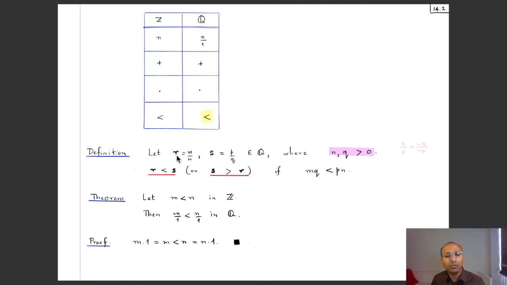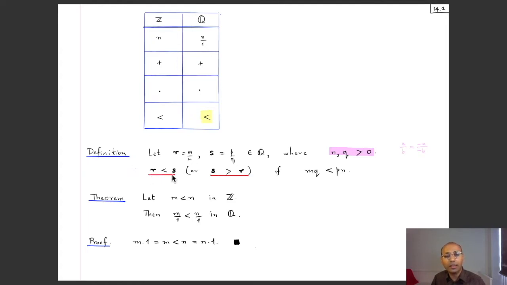So there is no loss of generality in assuming that this R is an equivalence class containing an ordered pair m comma n where the n is positive. And similarly, S is an equivalence class containing an ordered pair p comma q where the q is positive. And if you take any such representatives m comma n and p comma q, then using them we can decide whether R is strictly less than S or not.